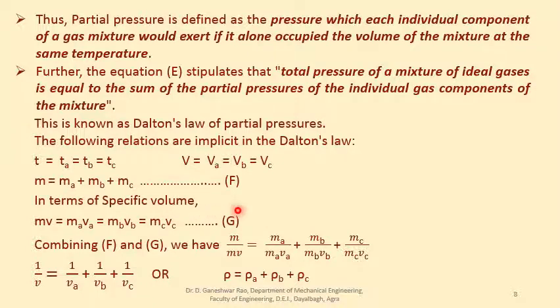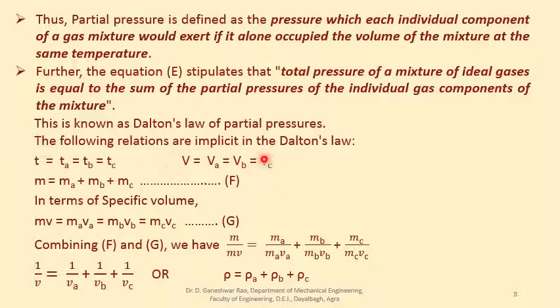So in terms of specific volume, V can be replaced by Mv, where M is the mass of the mixture, v is the specific volume of the mixture. Similarly, capital Va can be replaced by Ma va, where va is the specific volume of component A, Ma is the mass of the particular component, that is equal to Mb vb, that is equal to Mc vc.